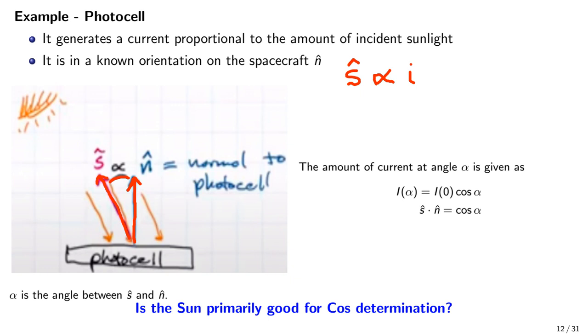That angle is what we use. The current at that angle will be equal to your current at the normal, times cos alpha.